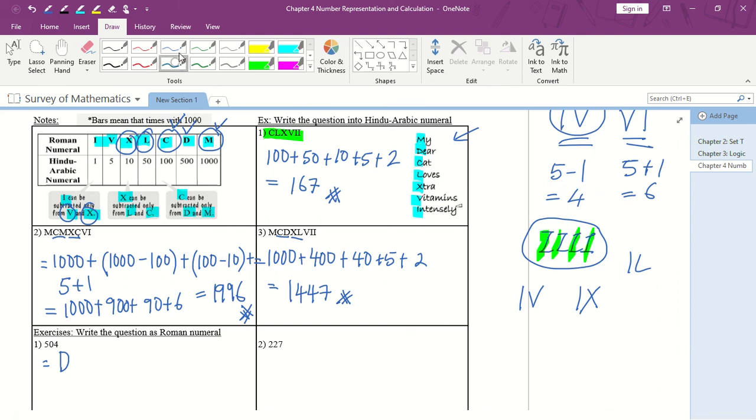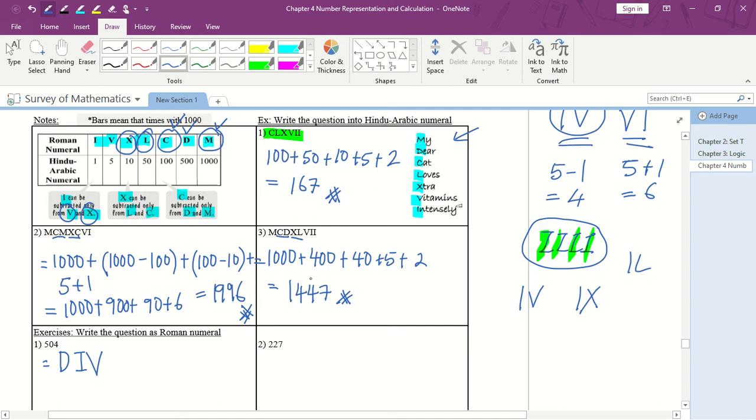Instead of writing 1, 1, 1, 1, we can write 5 minus 1. The way of writing 5 minus 1 is to switch the 1 and the 5, so it will be D, I, V. IV means 4. D means 500. So 500 plus 4 is 504.